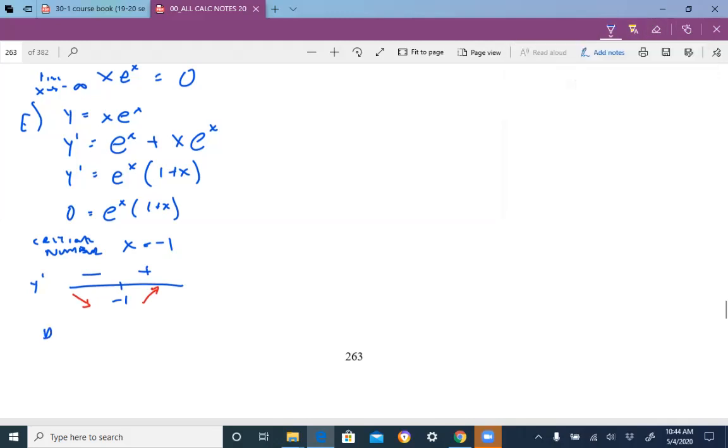State that: decreasing on negative infinity to negative 1, increasing on negative 1 to infinity.